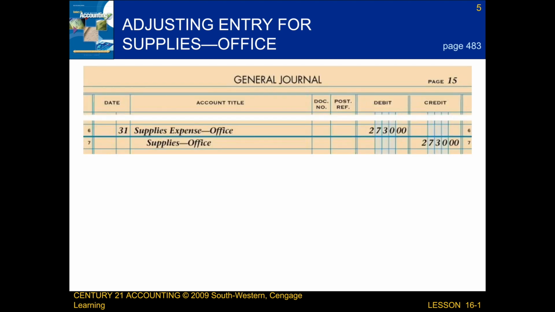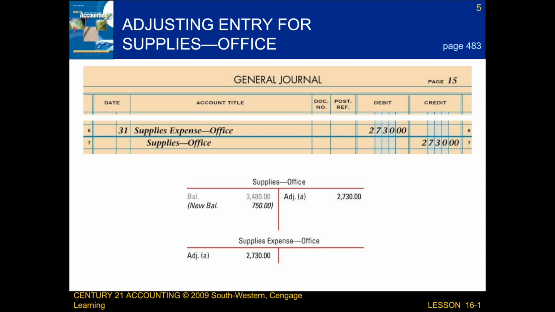Alright, next we're going to be talking about the adjusting entry for supplies office. So the adjusting entry for supplies office is as follows. We debit supplies expense office and we credit supplies office.